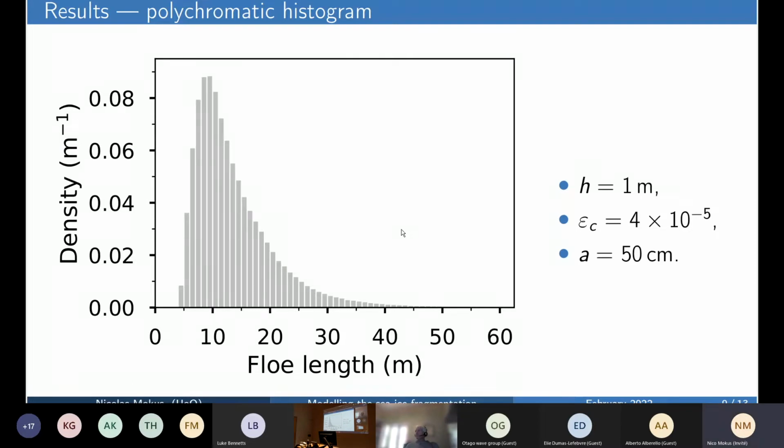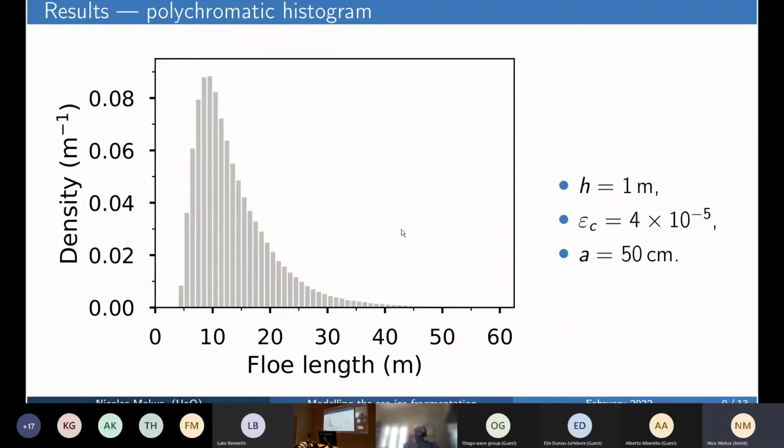Because earlier we ran the model several times for each frequency, and we use 200 frequencies to discretize the spectrum, it gives us a lot of different ways to combine the monochromatic distributions together. And this histogram is an average of 500 of these combinations.